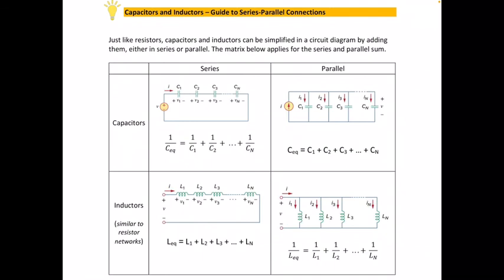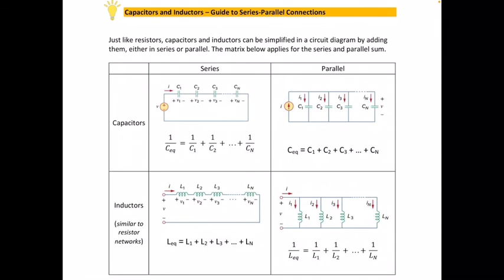So just like resistors, capacitors and inductors can be simplified in a circuit diagram by adding them either in series or parallel. So the matrix below applies for the series and parallel sum. In this table, we have a guide for how we should add capacitors and inductors in series and parallel.